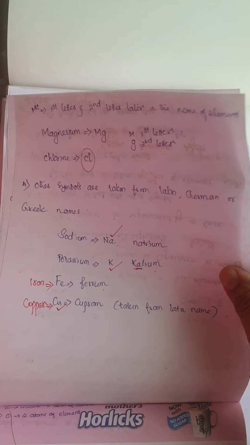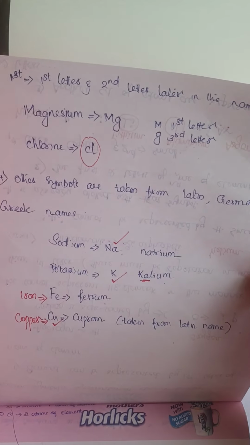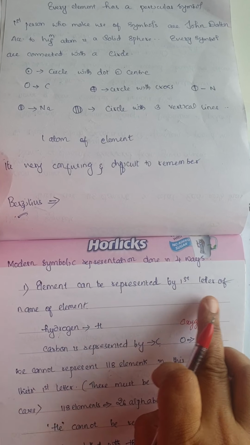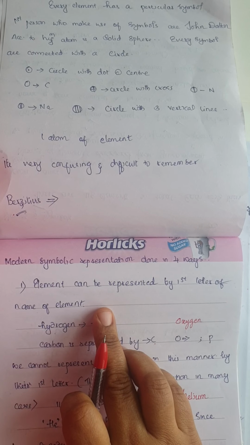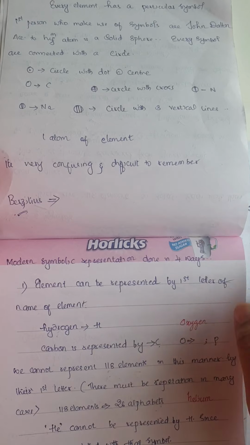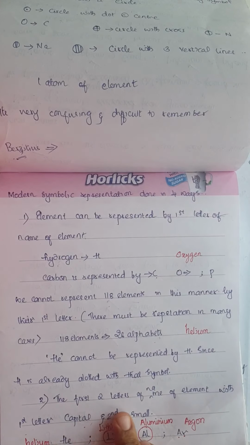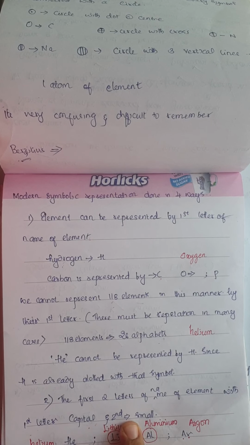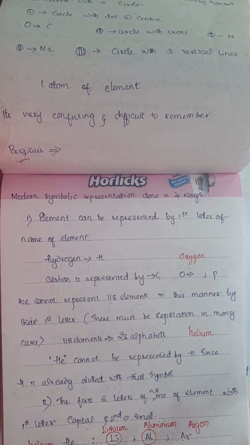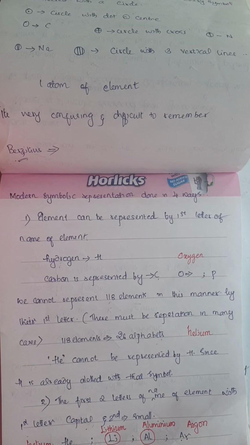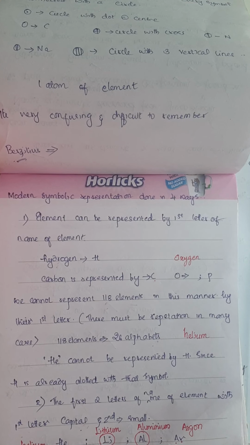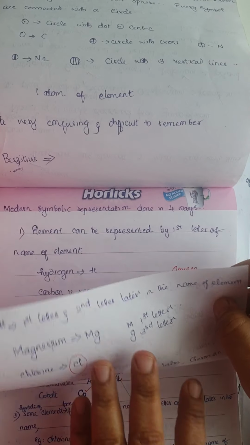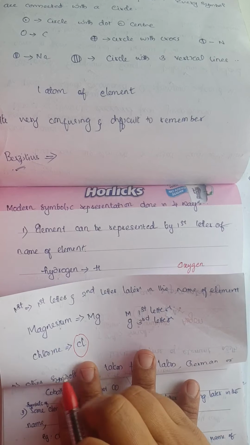These are the four ways for representing elements. What is the first way, children? An element can be represented by the first letter of the name of the element. Another way is the first two letters of the name, with the first letter capital and the second letter small. Examples you should also mention. And the third is another set of elements, right? How was that type named?